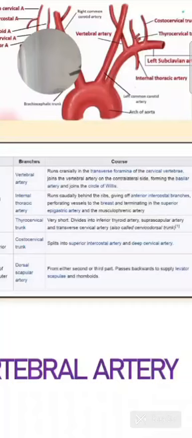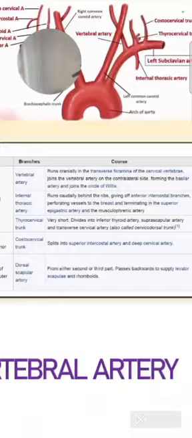And the third branch is the thyrocervical trunk. It is very short and it divides into inferior thyroid artery, suprascapular artery and transverse cervical artery. This thyrocervical trunk is also known as cervico-dorsal trunk.